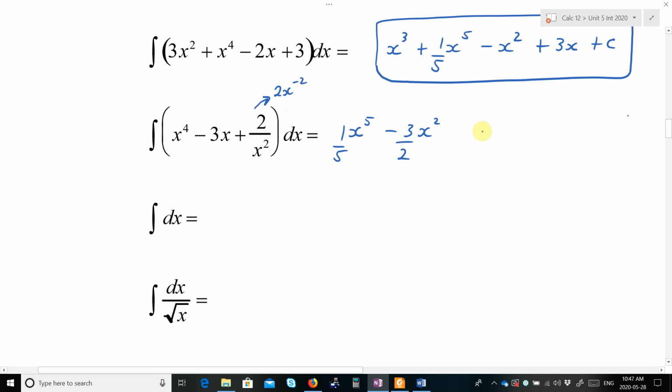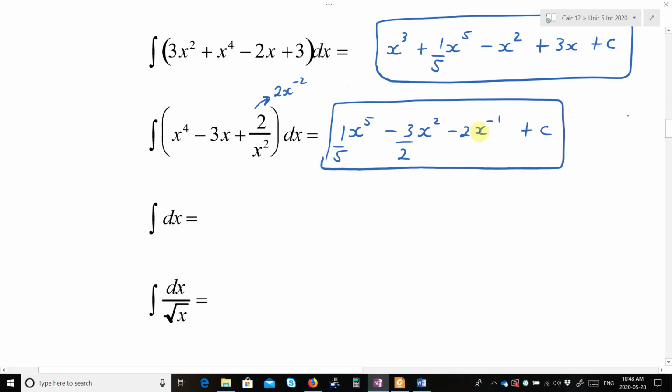And so the power on the x, you add 1 to it, right? So it goes up to negative 1, and then the 2 gets divided by negative 1, which would put a negative 2 there, and plus c on the end. We could leave it like that. You could flip the x to the negative 1 down so that it becomes x to the positive 1.